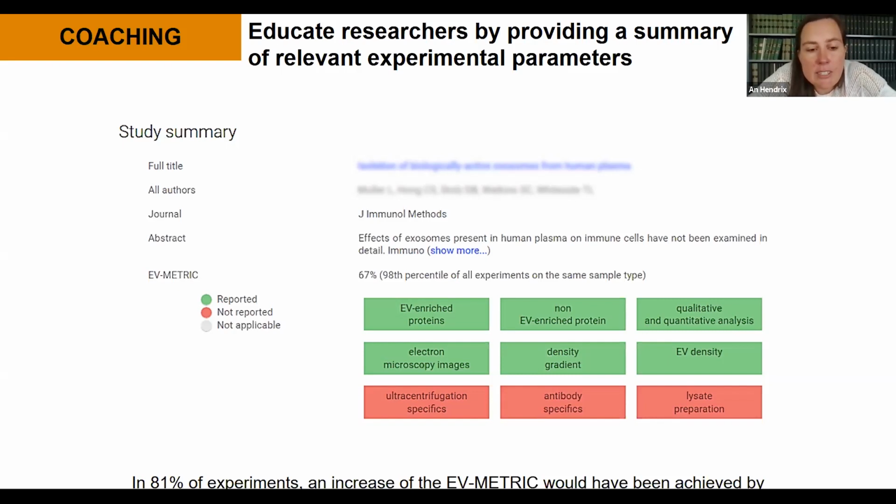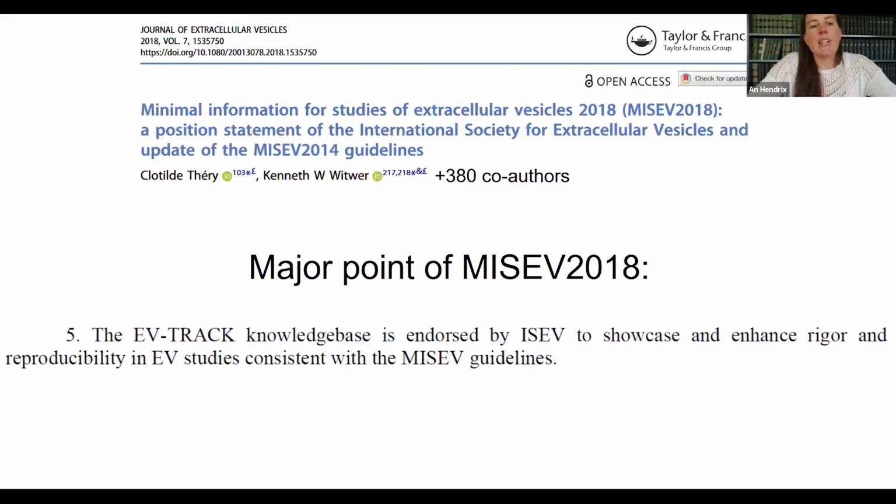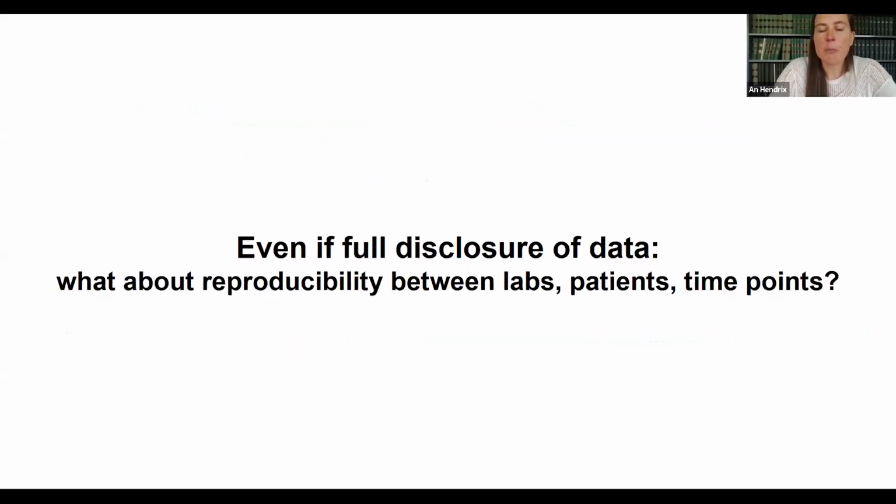And actually, in 81% of the experiments, an increase in transparency is achieved by increasing reporting rather than by performing additional experiments. Now, the EVTrack knowledge base has been endorsed by the International Society for Extracellular Vesicles, and it's now also one of the recommendations of the MISEV 2018 guidelines.